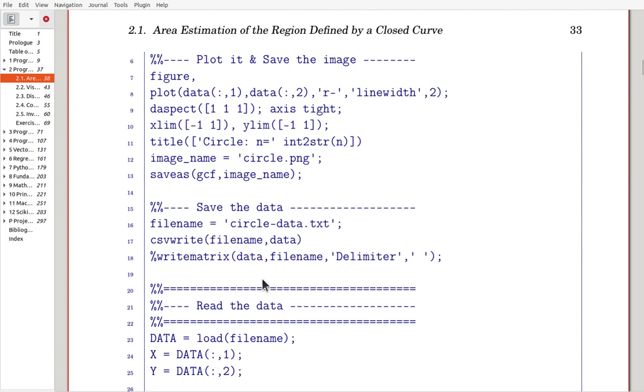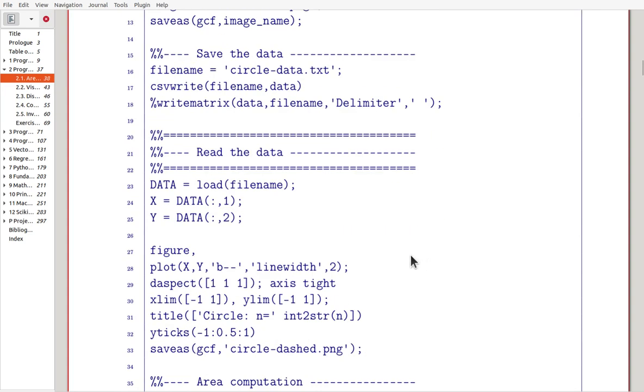When you save the data in a matrix, you can use write matrix, and then the delimiter can be chosen. The default one is comma, but in this case, if you are using this line, then a space will be the delimiter.